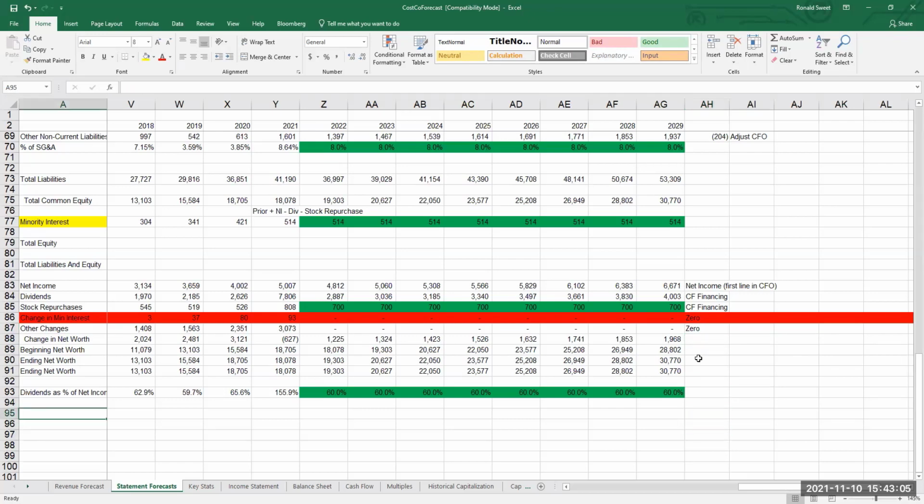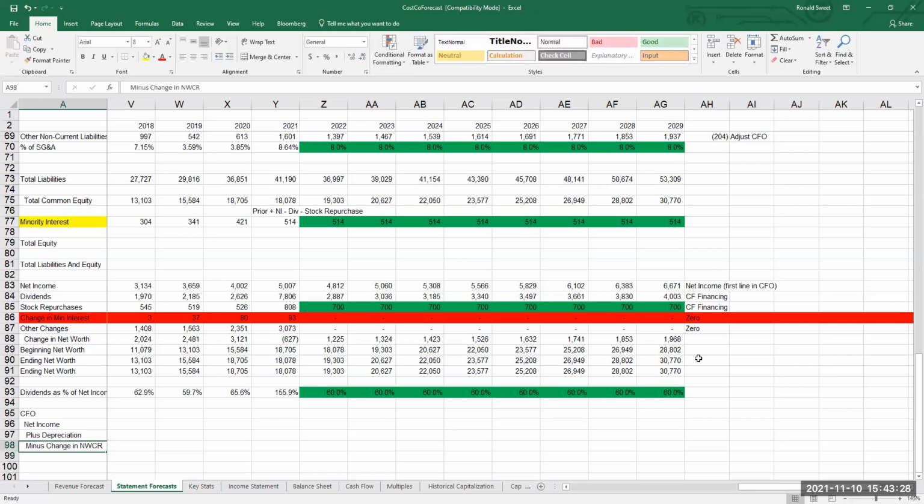So we're going to do a real simple one first, and then we're going to click it. CFO. So you have net income plus depreciation minus change in net working capital requirement.